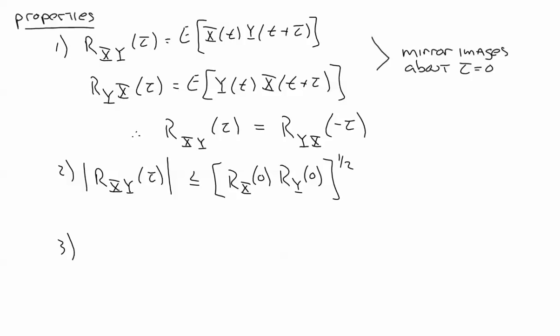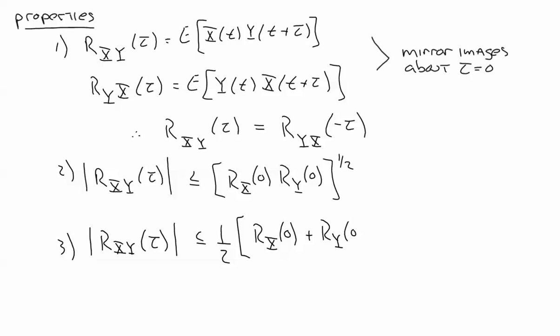Just stating that, not proving it. Another one is that my cross correlation is always less than or equal to the sum of normalized powers. Alright, autocorrelations evaluated at 0 are normalized powers.